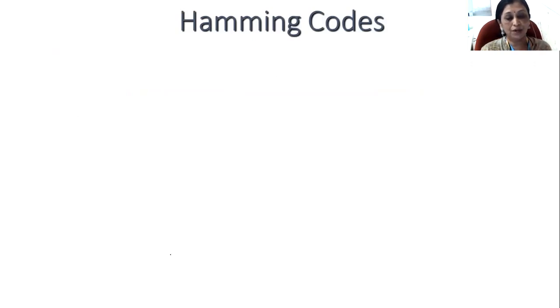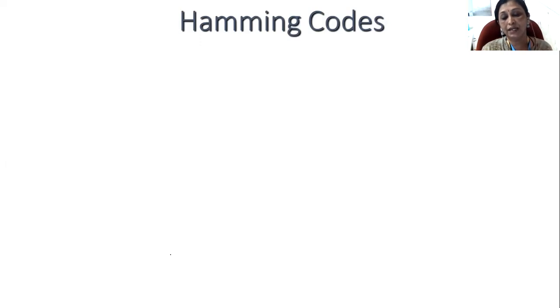Before transmitting any data from the source, it must be converted into a code form. It must be converted into Hamming code. So the data that you want to transmit must first be converted to Hamming code at the transmitting end.